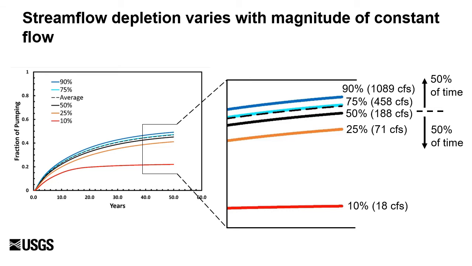But as we start to get into really low flows below the 50th percentile, we start to see a remarkable drop off in the amount of stream flow depletion. So the gist of this slide is that it does matter what the flows are that you're using as far as what that stream flow depletion is.